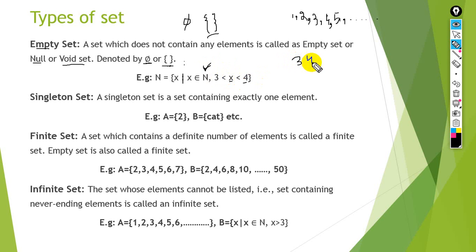There is no natural number between 3 and 4. Earlier we said decimal values are 3.1, 3.2, 3.3 and so on, but a natural number has no decimal value.